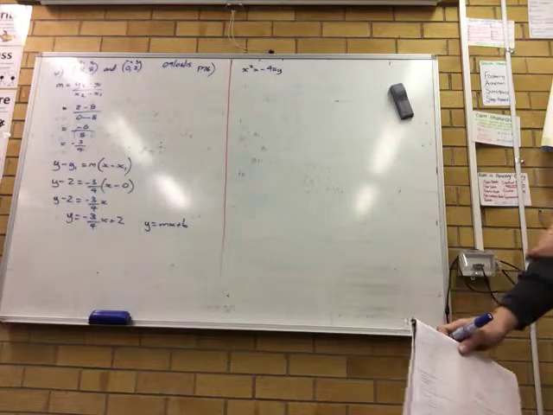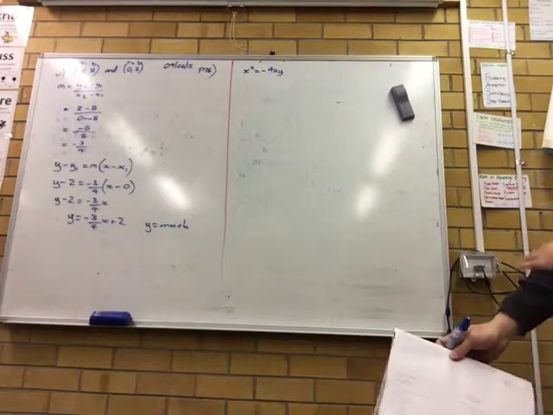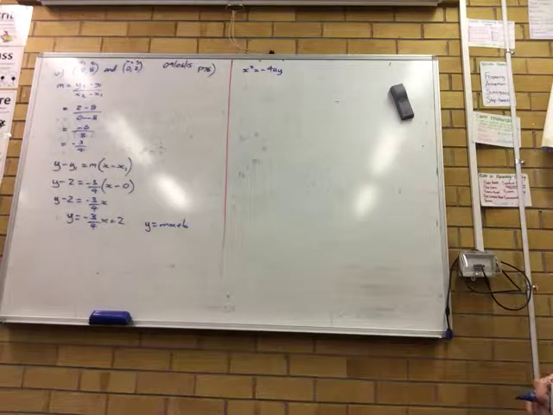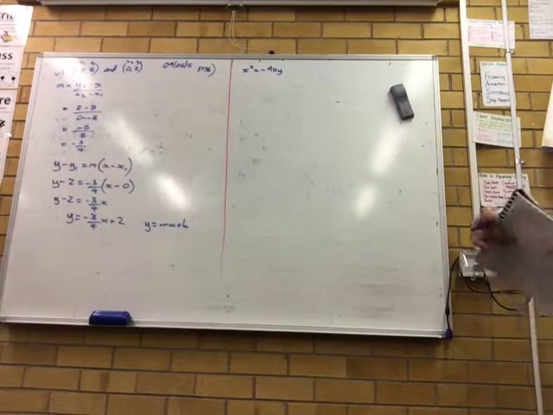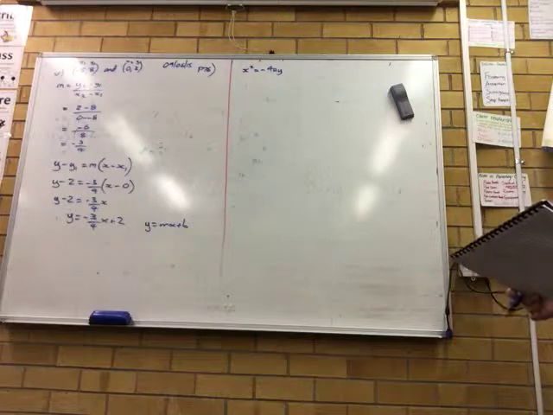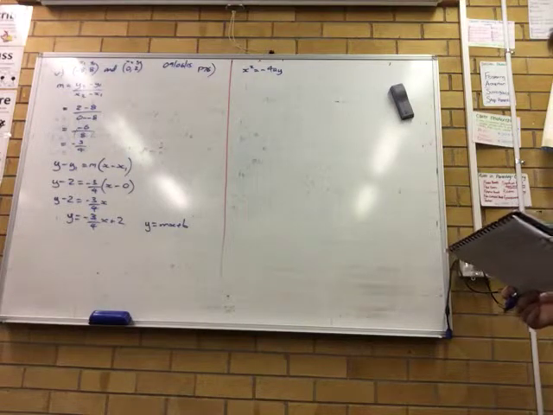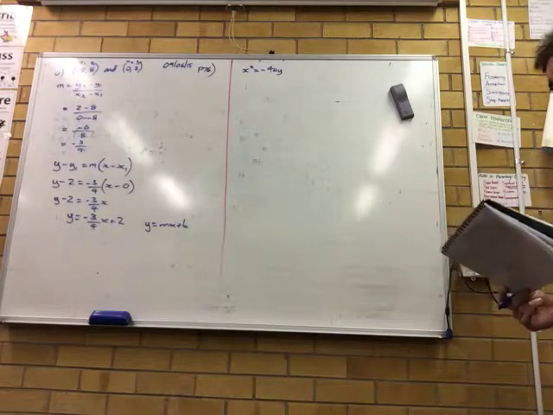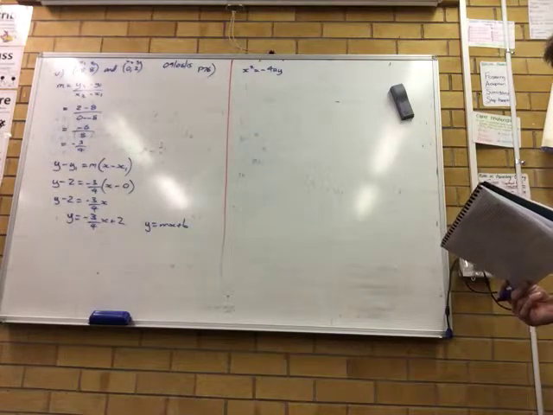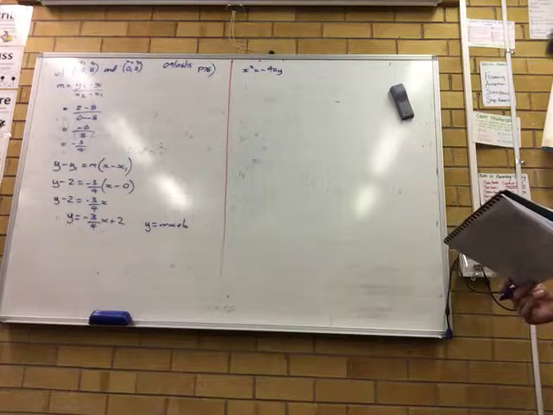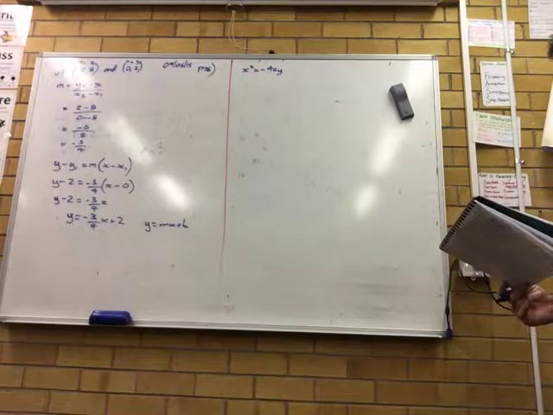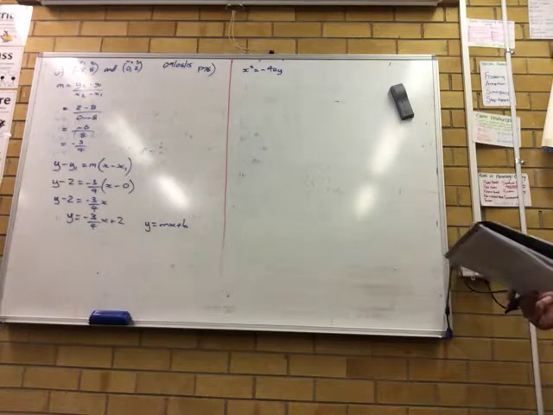Now looking at that, what would you suggest the orientation of the parabola would be? Concave down from the origin. So, the locus of a point P moving equidistant from the point 0, negative a, so the focus is now below the origin, and the line y equals a, so the directrix is now above the origin, is a parabola with equation x squared equals negative 4ay.